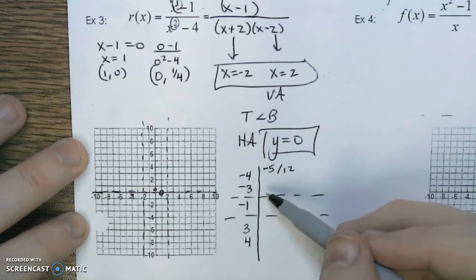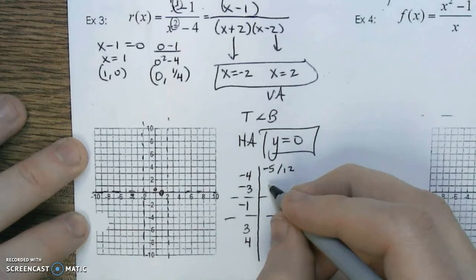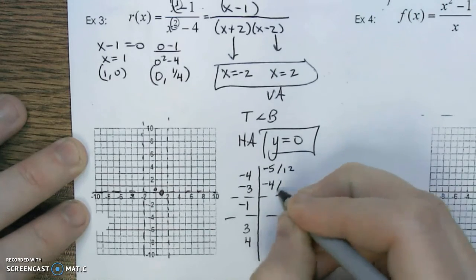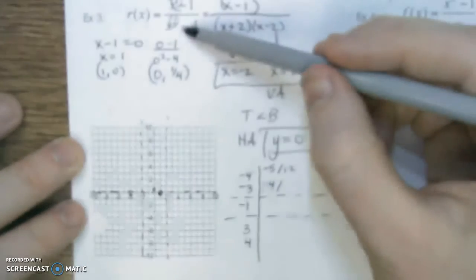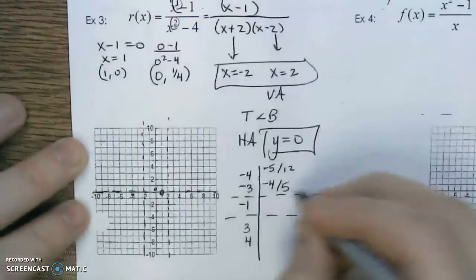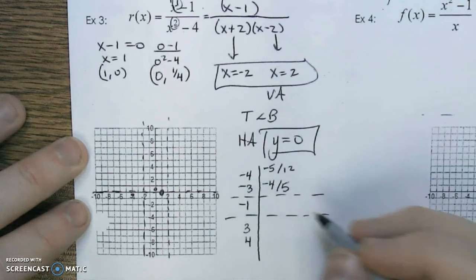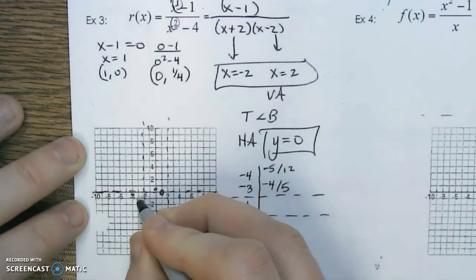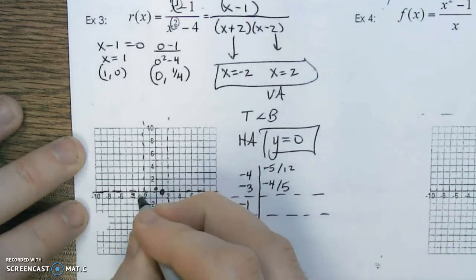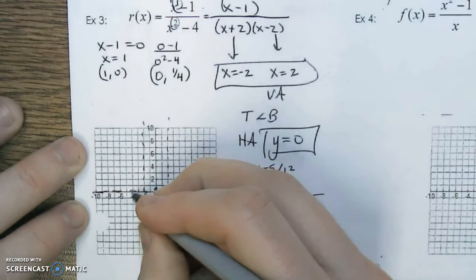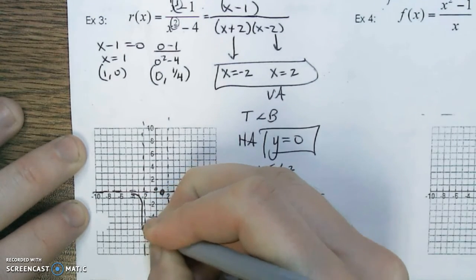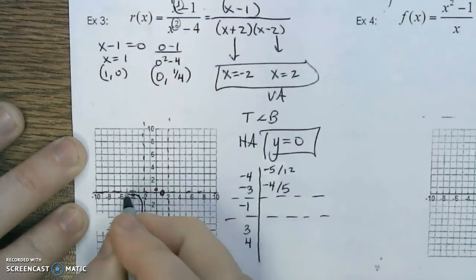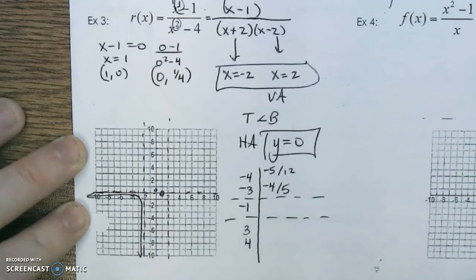If I plug in negative 3, I'm getting negative 4. And I'm getting 9 minus 4, which is 5. So again, I'm getting something not quite negative 1. And so this is going to curve pretty tight to the dotted lines, is what these points are telling me.